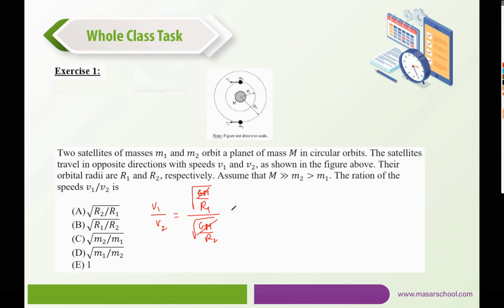Central mass and G cancel. That would be 1 over radical r1 over 1 over radical r2, which is basically radical r2 over radical r1, making the correct answer to be A.